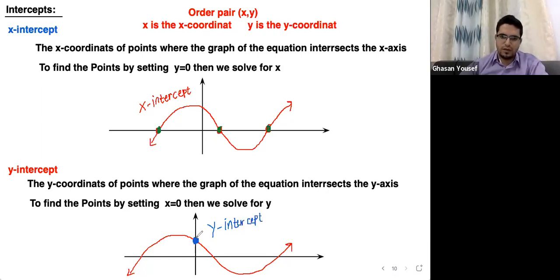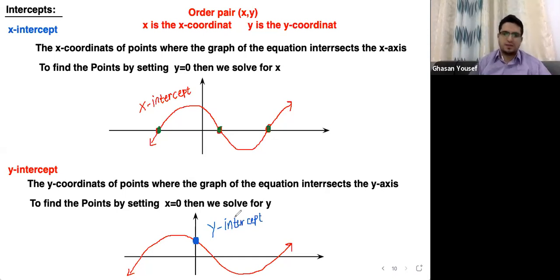This is my y-intercept, the blue point on the y-axis. So this is just the general idea: the definition of the x-intercept and how to find it, and the same for the y-intercept.